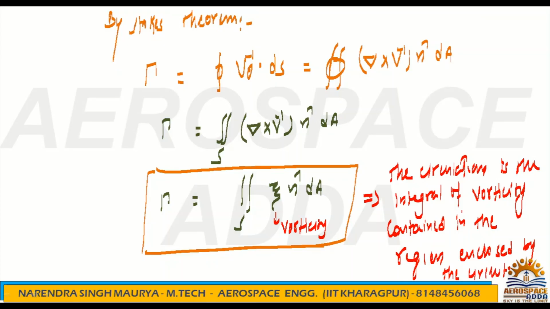It means wherever the circulation is there, wherever the strength of circulation is there, if you take the integral of vorticity containing the region enclosed by the circuit, I will show you what is the meaning of circuit. Then this integral of vorticity is also defined as circulation.